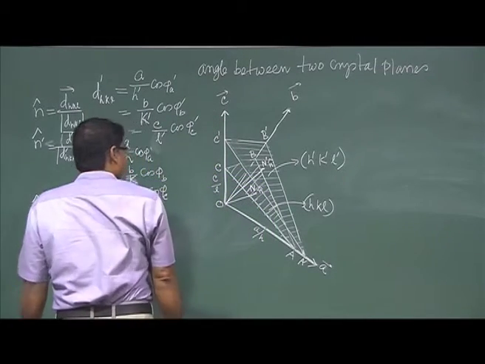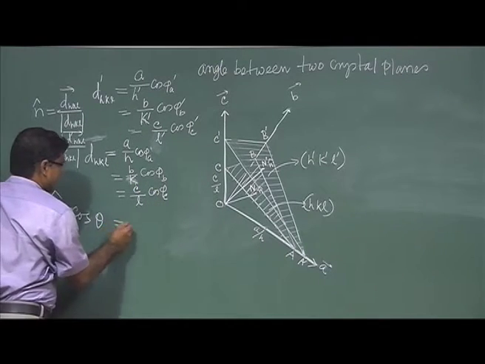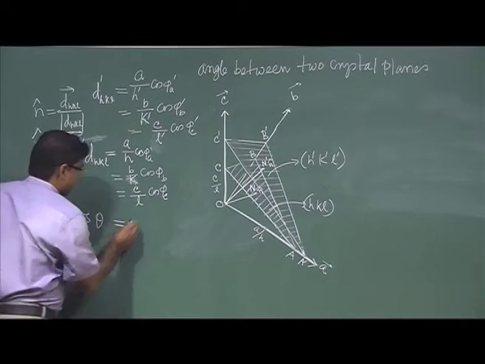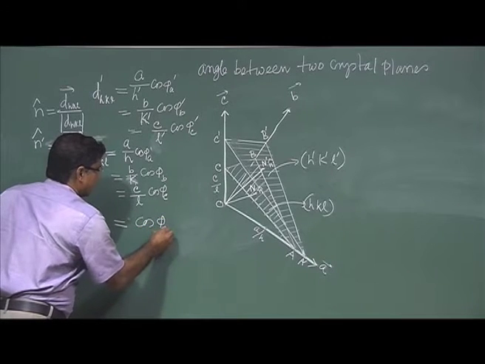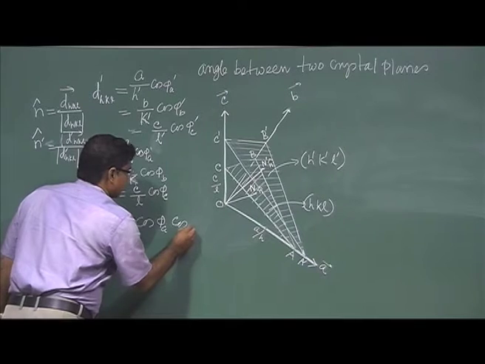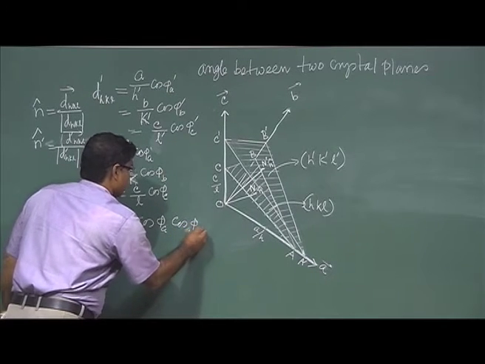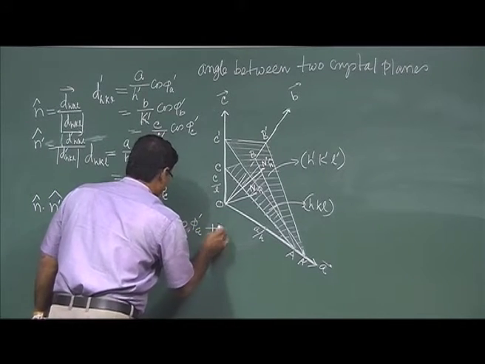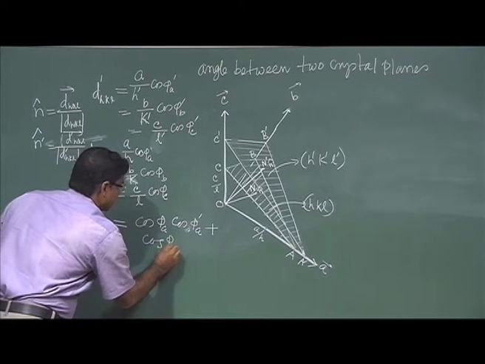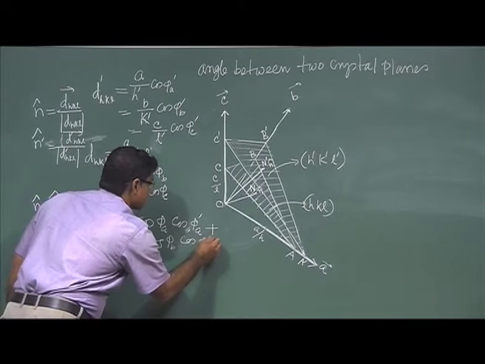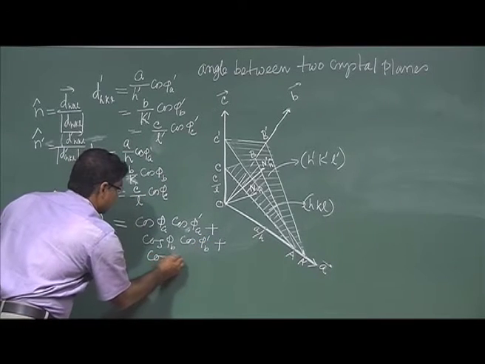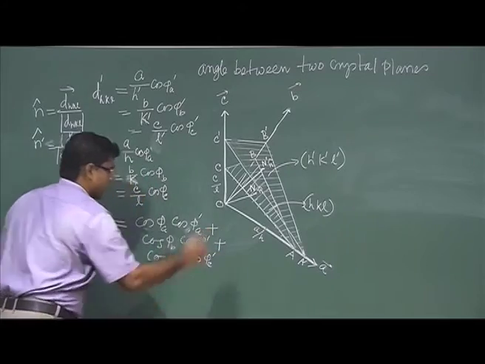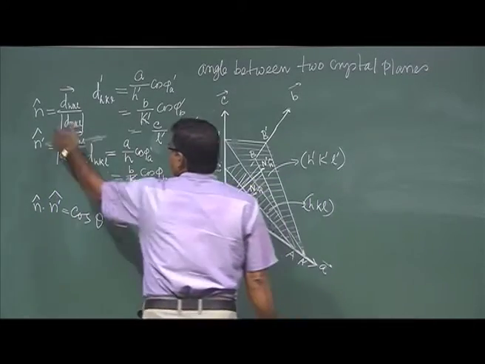So then from the direction cosines itself one can write the angle between these two as cos theta equals cos phi a cos phi a dash plus cos phi b cos phi b dash plus cos phi c cos phi c dash. Okay.